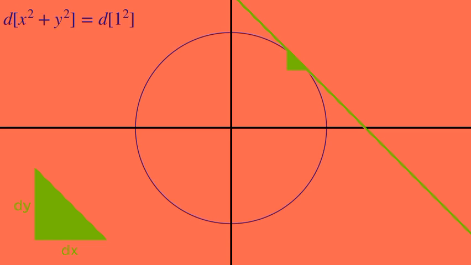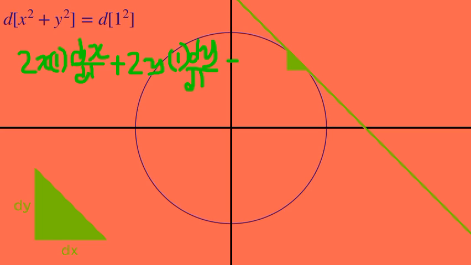So if you think of these as their own inputs, or if you put in i explicitly, what you would get is 2x of i, because it was x of i, the whole squared, times dx over di, plus 2y of i times dy over di equals 0.